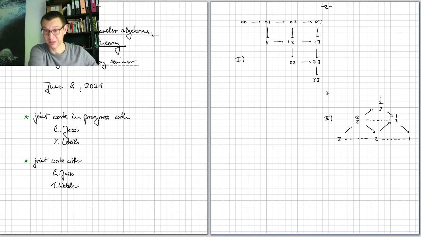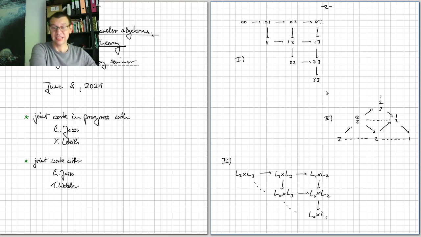We will discuss what this is about. And then the last type of diagram is what you would see if you look at the works of Lekili. That has to do with a certain kind of categorical Floer theory, wrapped Floer theory, which is captured by the notion of a Fukaya category. And this diagram, as we will see, is exactly such a diagram in a certain example of a Fukaya category.